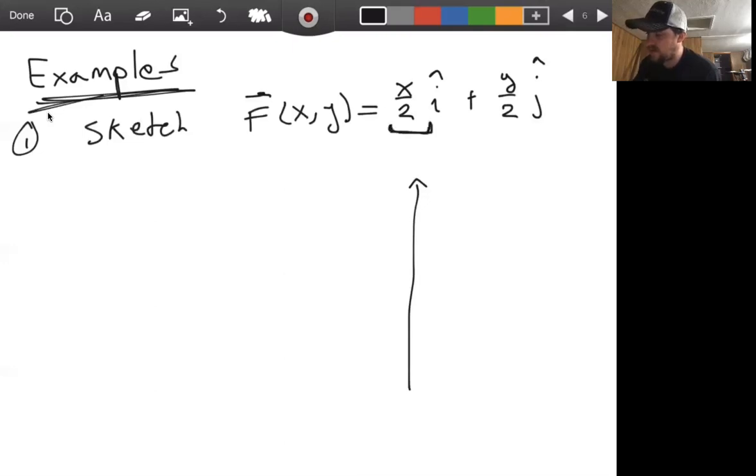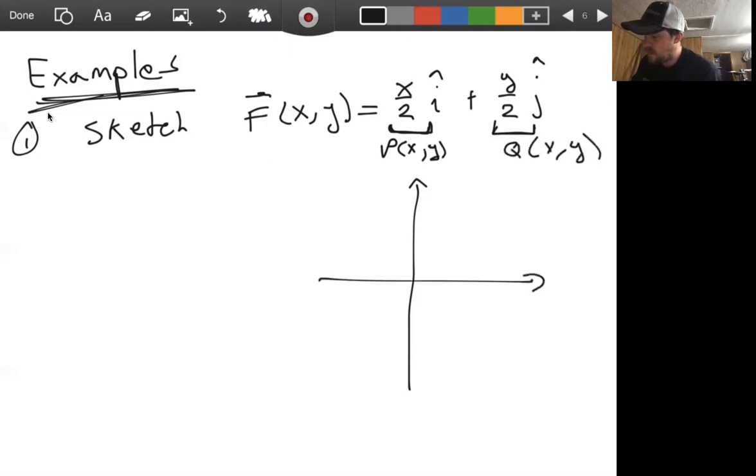Now our p of xy is x over 2, and then our q of xy is y over 2. And we want to give a sketch of this vector field, right? And so this sketch should be a family of vectors.